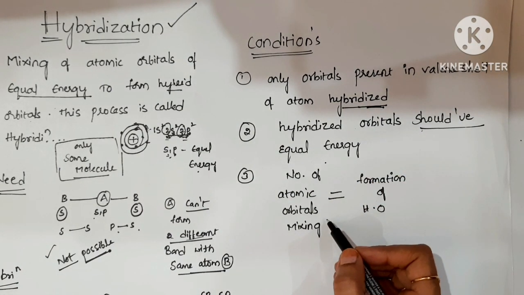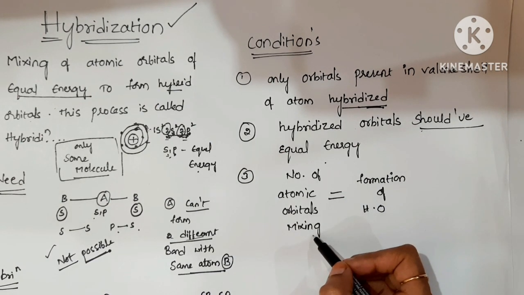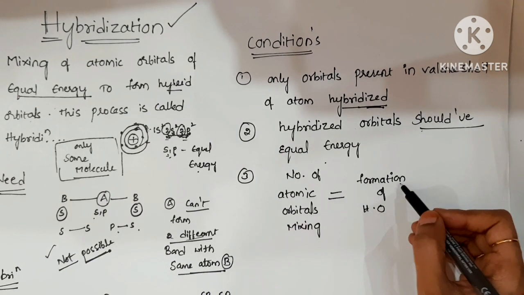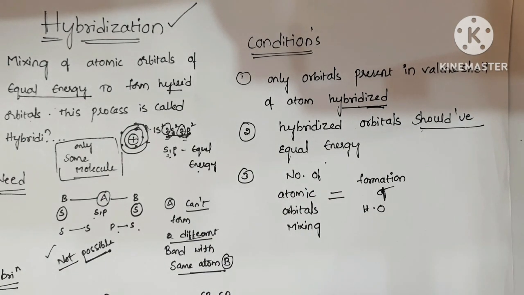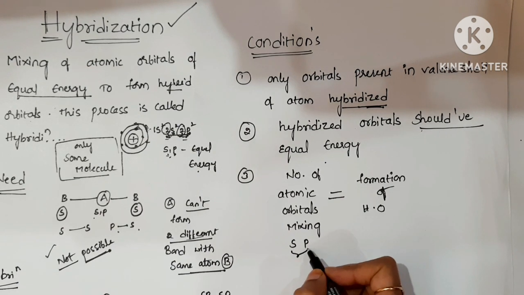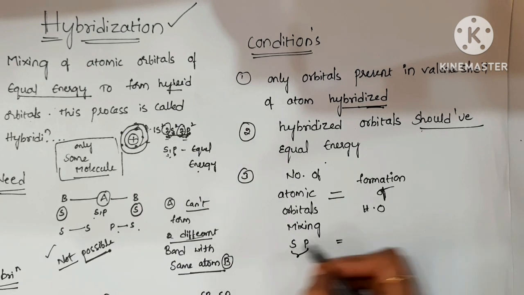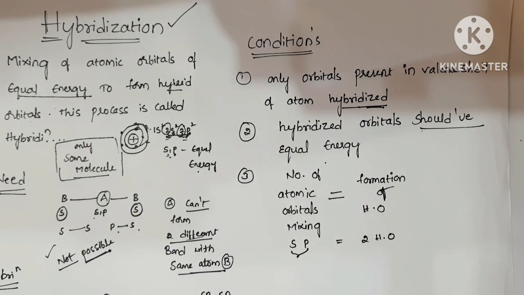And the third condition for hybridization is the number of atomic orbitals mixing is equal to the number of hybrid orbitals formed. So if s and p orbitals are hybridized, then definitely 1 plus 1, 2 hybrid orbitals are formed.